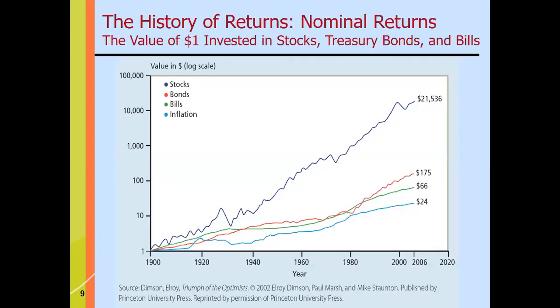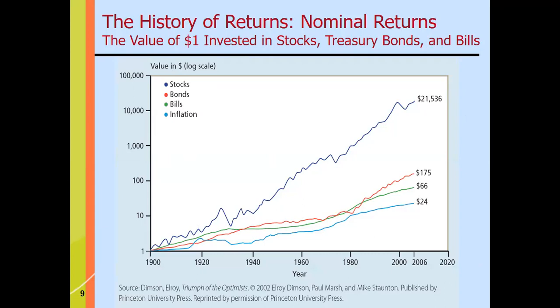Next, if you look into the nominal returns, these are the returns which are not yet adjusted for inflation. We can observe the four graphs, just take note of the legends in terms of colors. We can notice that they are increasing over time.